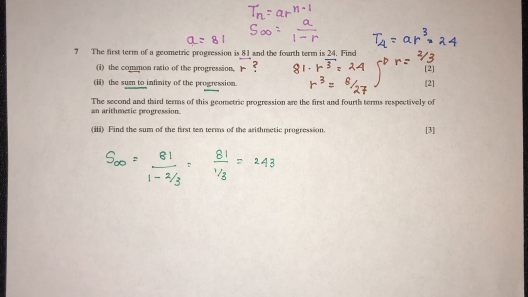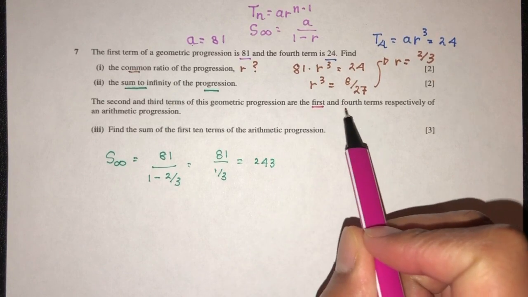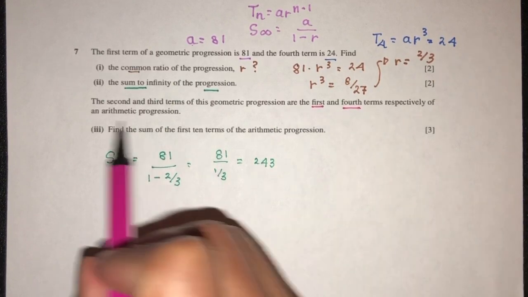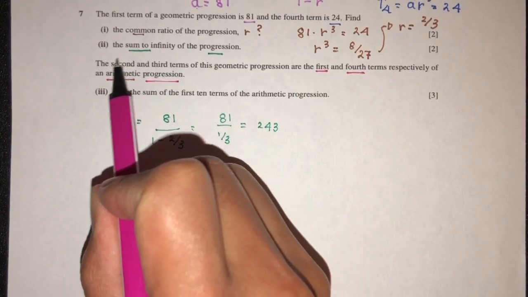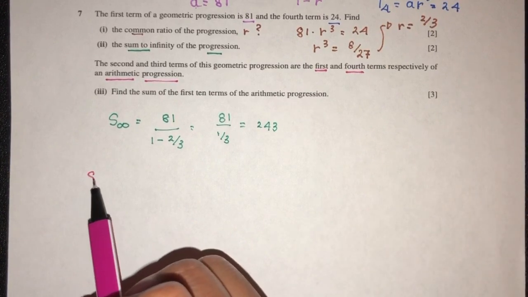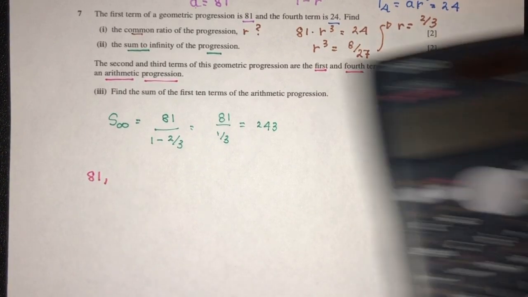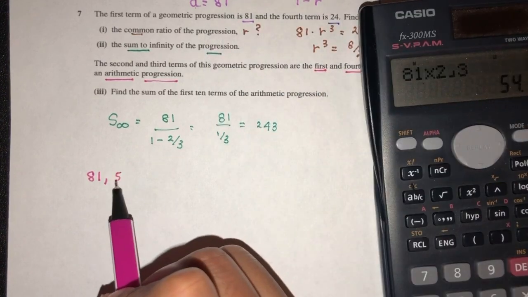Now let's move on. So here we have the second and the third term of this progression are the first and the fourth terms respectively of an arithmetic progression. So let's first write down the second term and the third term of the geometric progression. The first term was 81. Second term will be 81 times 2 over 3, that should be 54.